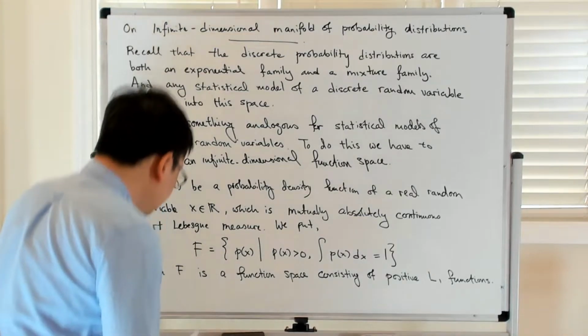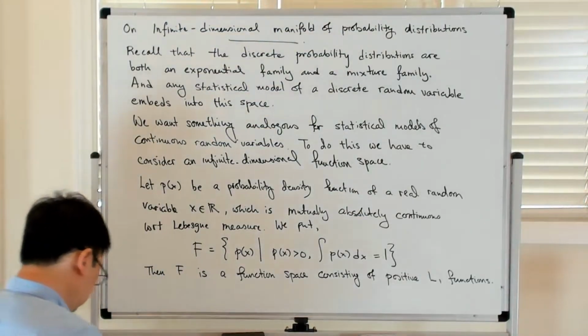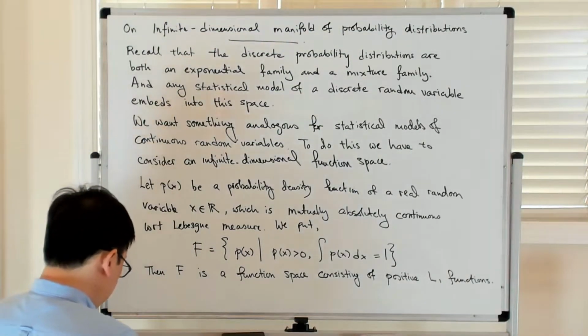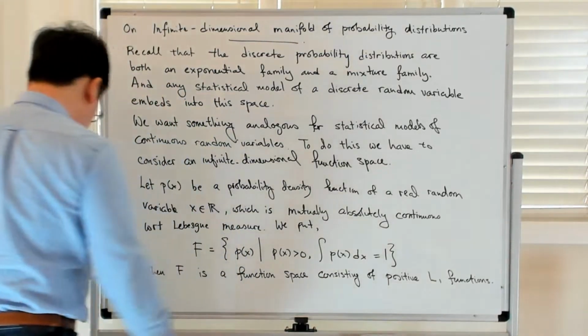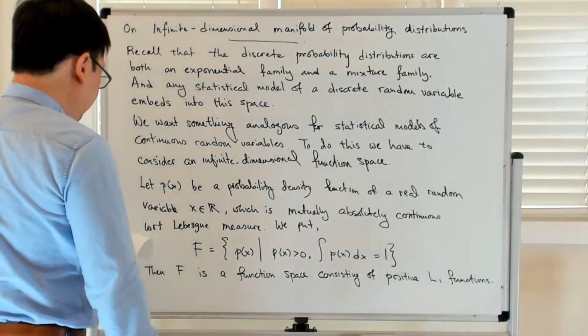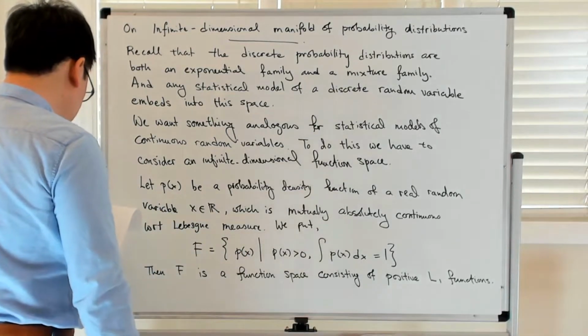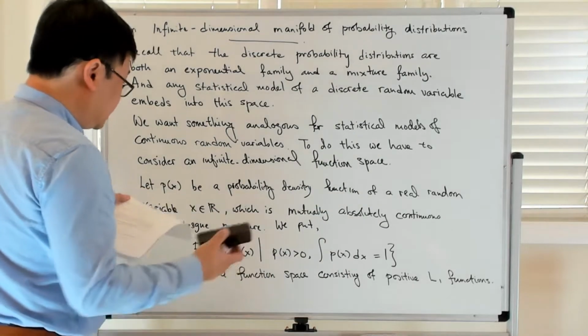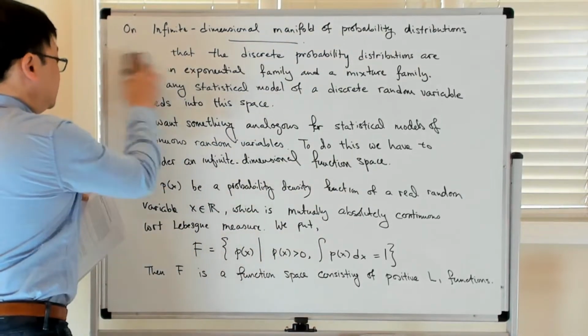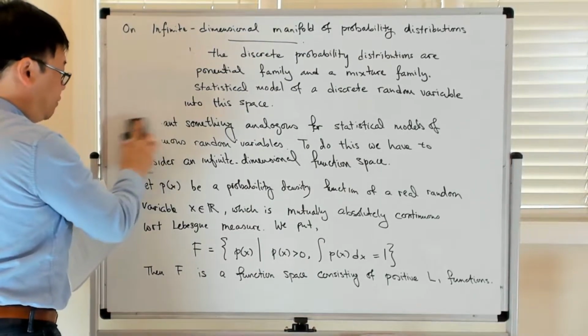Okay, so anyway, this is F. And then, as before, we want to talk about the exponential families associated with this. So let's see what happens.